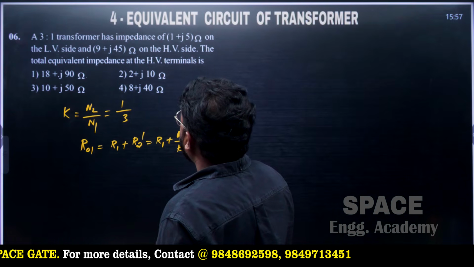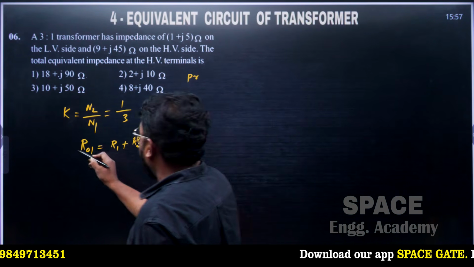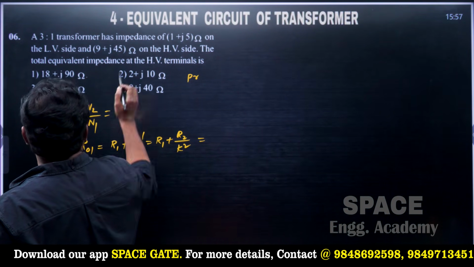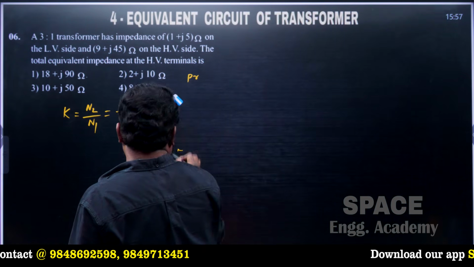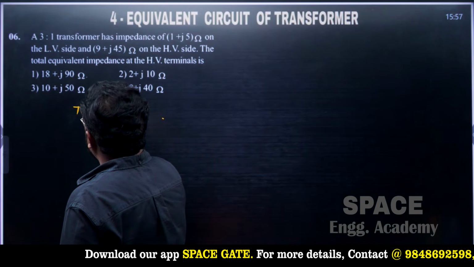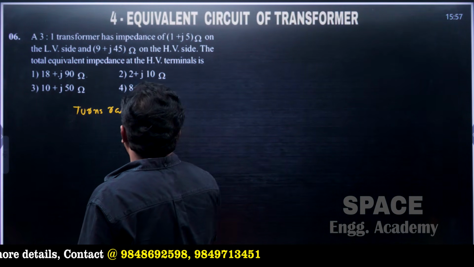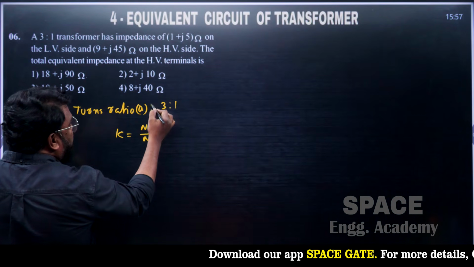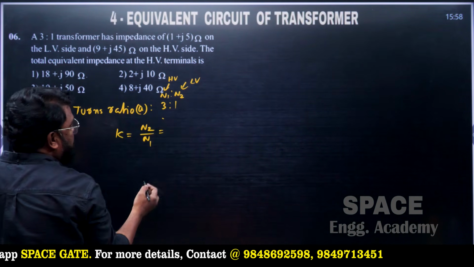Now let us calculate the impedance on the primary side. The LV side impedance is given, and the HV side impedance is given. The turns ratio of the transformer is 3:1, and the transformation ratio is N2 by N1, where N1 is the high voltage side and N2 is the low voltage side, so it is 1 by 3.